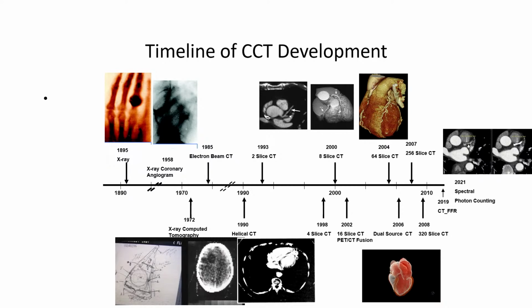You can see that the technology has evolved drastically over the last 20 years, and so most of the scanners that we use have at least 64 slices, and the newer ones have up to 250 slices, and some of them have 2 detectors, and now we have the newest spectral or photon counting CT that's really pushed the capacity of cardiac CT in detecting cardiovascular disease, not only coronary.